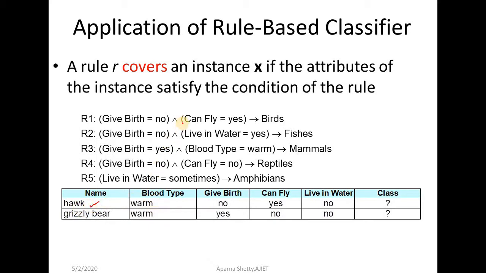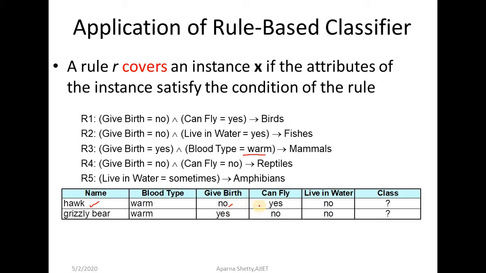Do we have the blood type attribute here? Yes, blood type is equal to warm. Gives birth is equal to no, but rule R3 does not match, because in that rule gives birth is equal to yes. Can fly is equal to yes.